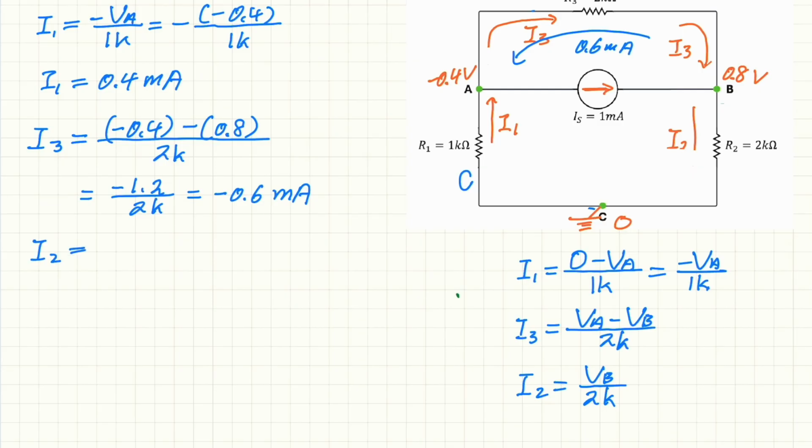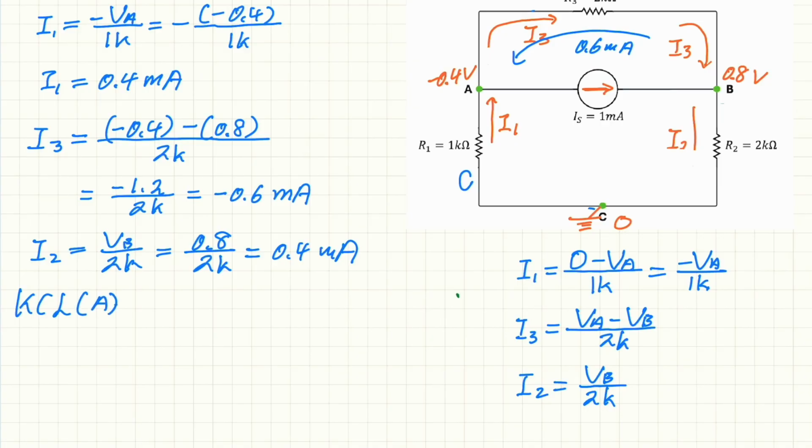I2 is equal to VB over 2K. VB is equal to 0.8 over 2K. It means 0.4 milliamp. So let's check the KCL. KCL at A: I1 equal to 0.4 milliamp.